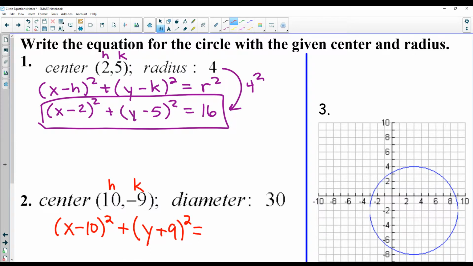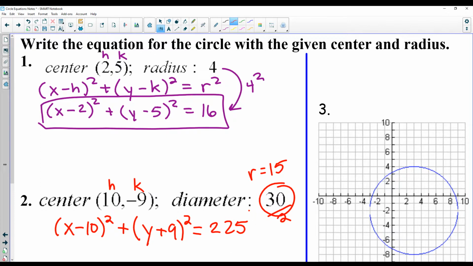Now, the diameter is 30. We need the radius. So we're going to have to divide this by 2. And that would mean that the radius is 15. Okay? So you need to take 15 and square it to get that number that goes there. So that would be 225. And there's our equation. It has a center of 10, negative 9, and a radius of 15 because that got squared.